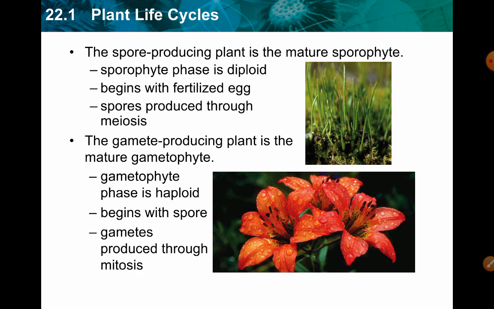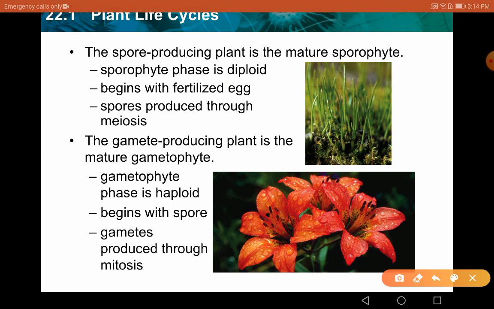Okay, here is the difference. If the sporophyte is diploid, be sure that the gametophyte is haploid. Sporophyte produces spores, gametophyte for sure produces gametes, like sperm, like eggs.